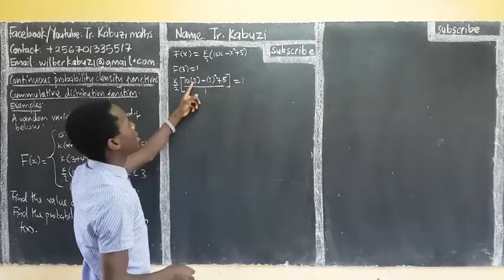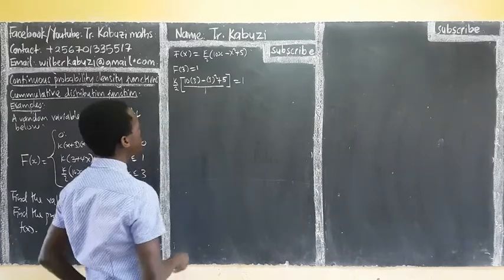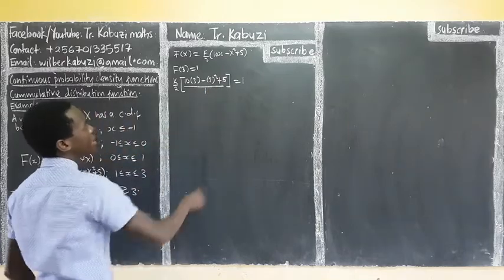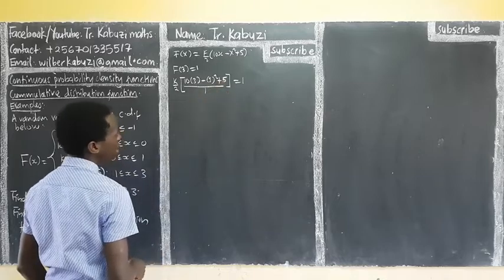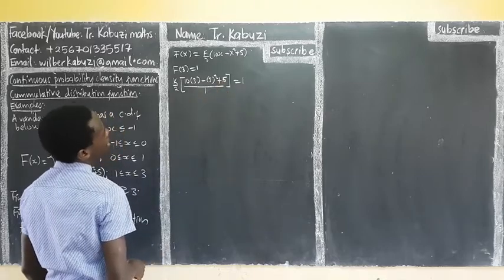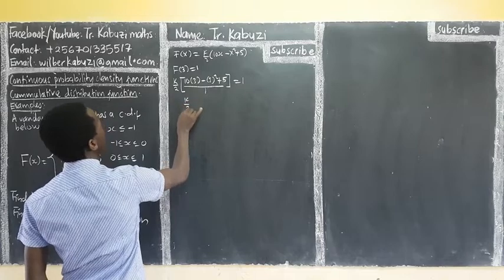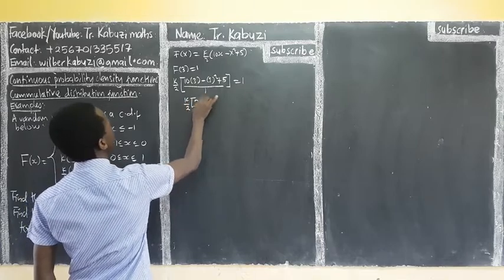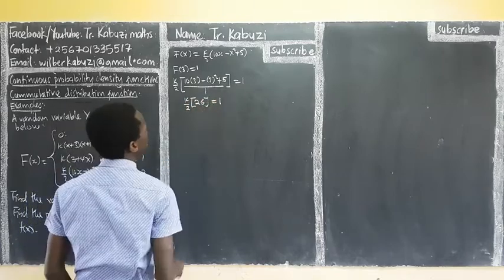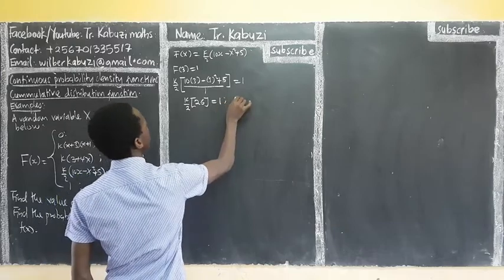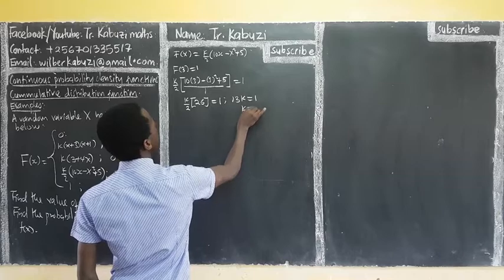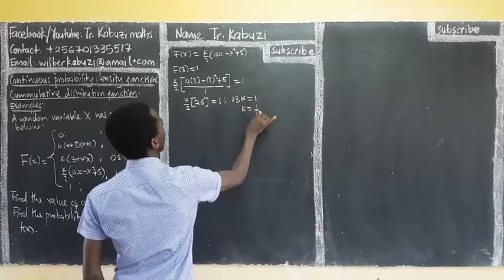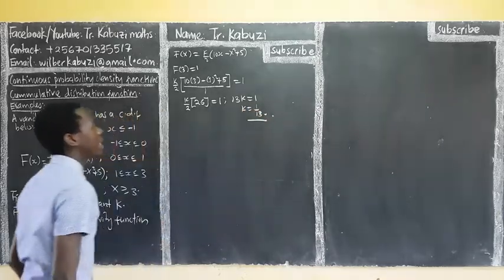So this will be 30, that 5 minus 9, that will be 26. So we have k over 2 into 26 equaling 1. And you see that this is going to give us 13k equaling 1. And so our k will be 1 over 13. So that's how we get that.